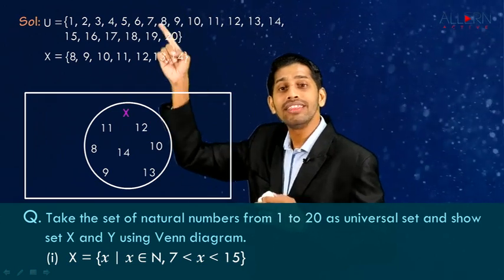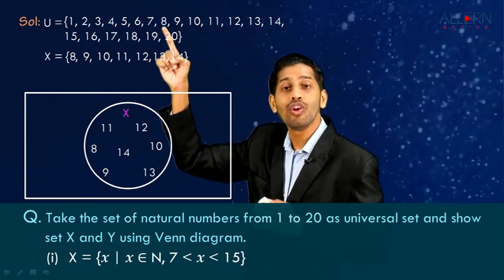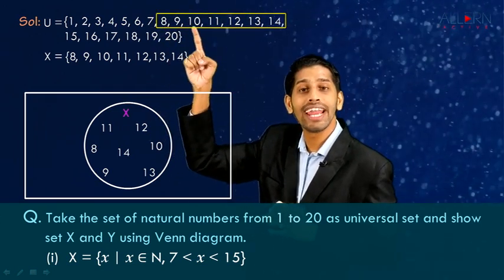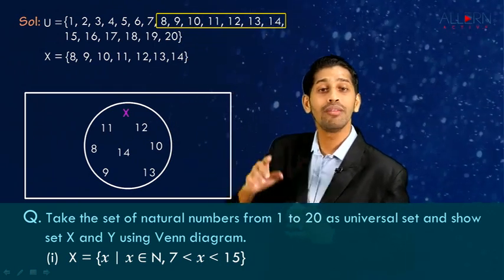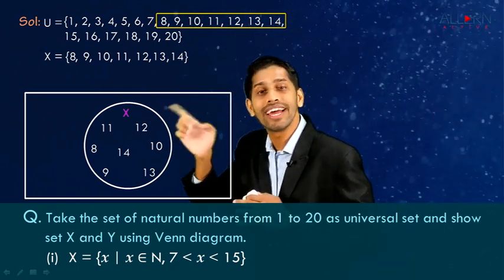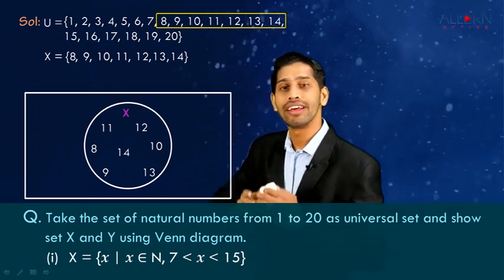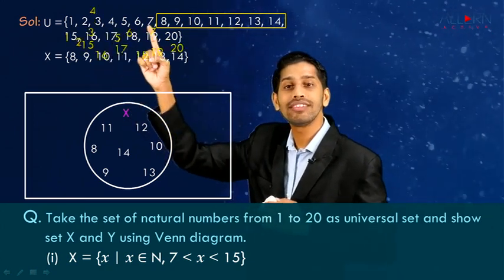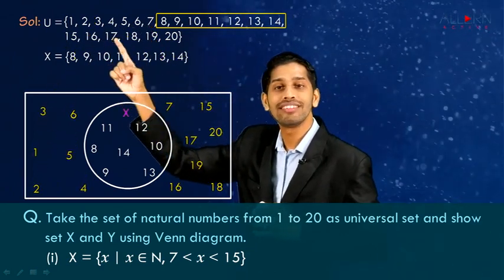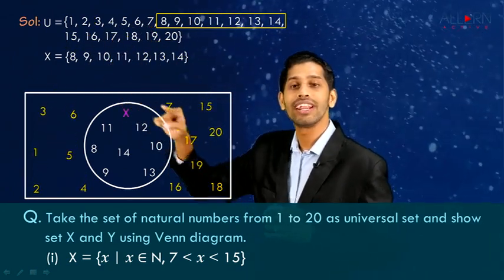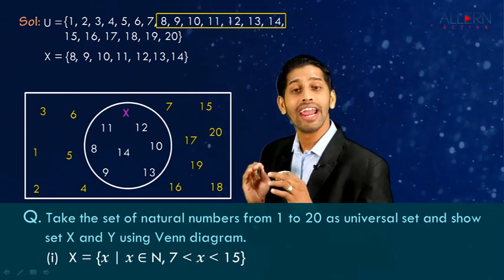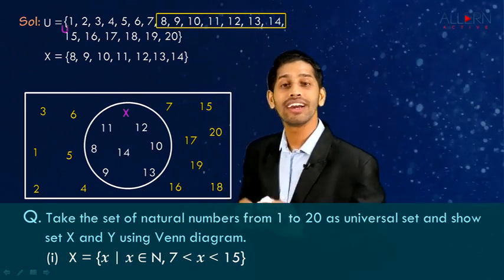Therefore in this set U we will not write 8, 9, 10, 11, 12, 13, 14 because they are already present inside this rectangle. So we'll write all the elements apart from that, that is 1, 2, 3, 4, 5, 6, 7, 15, 16, 17, 18, 19, 20. We can write anywhere and we'll name it as set U.